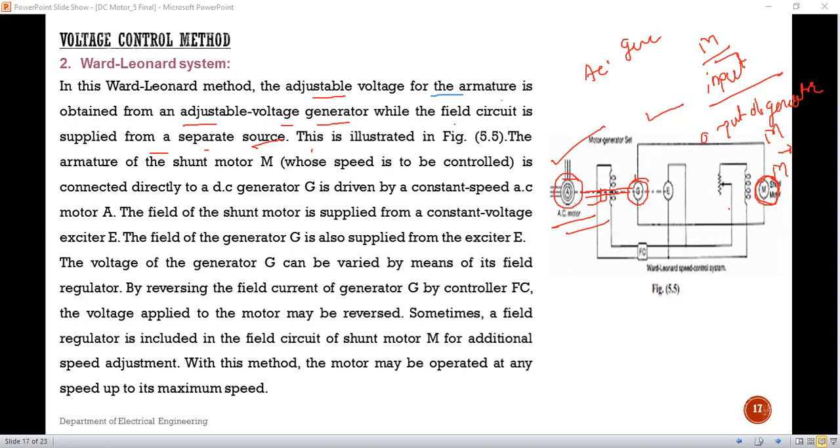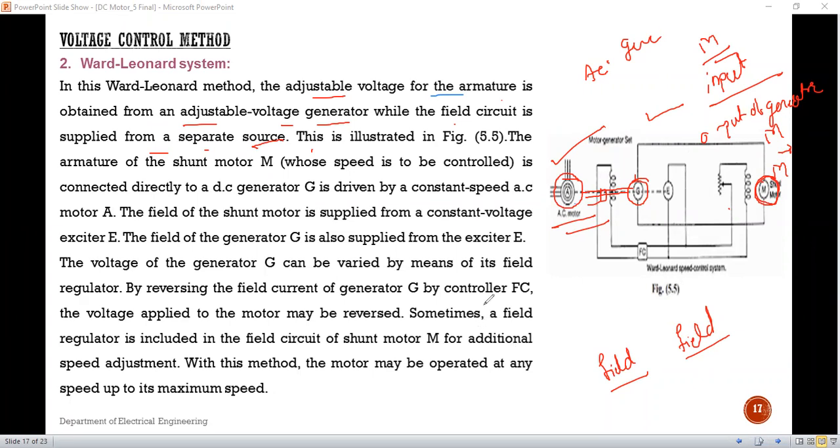Okay, so by inserting one field regulator, एक field regulator generator च्या field winding मध्ये insert करून, so we are changing the speed as well as reversing the speed of the motor.